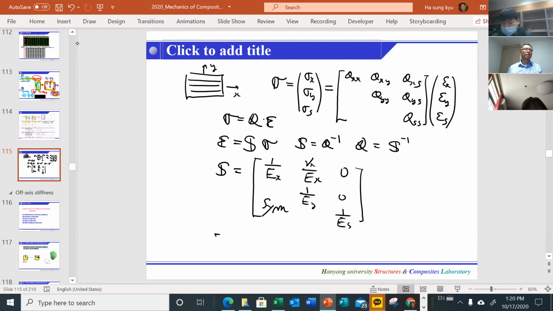So this is the compliance matrix. Now Ex is the stiffness along the fiber direction. So this can be measured from experiment, of course. So Ex and Ey and Poisson's ratio and Es can be obtained either from experiment or from micromechanics.